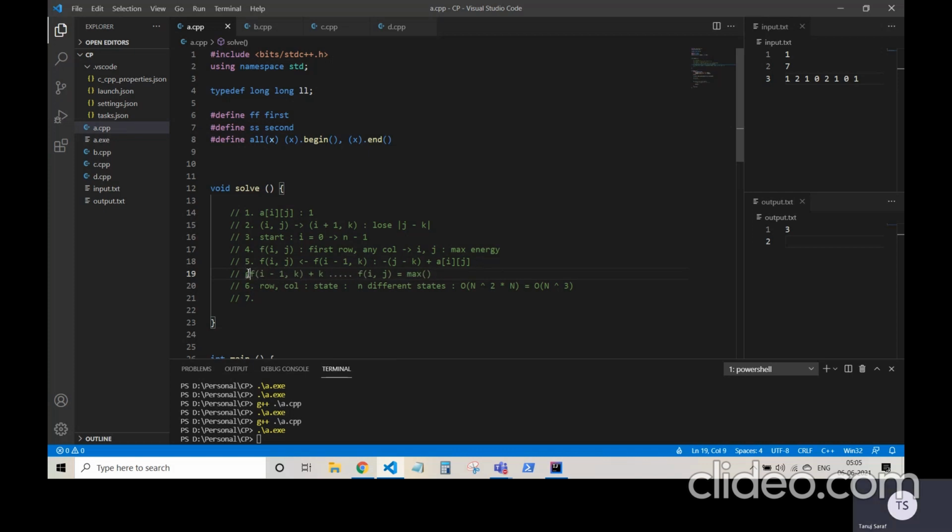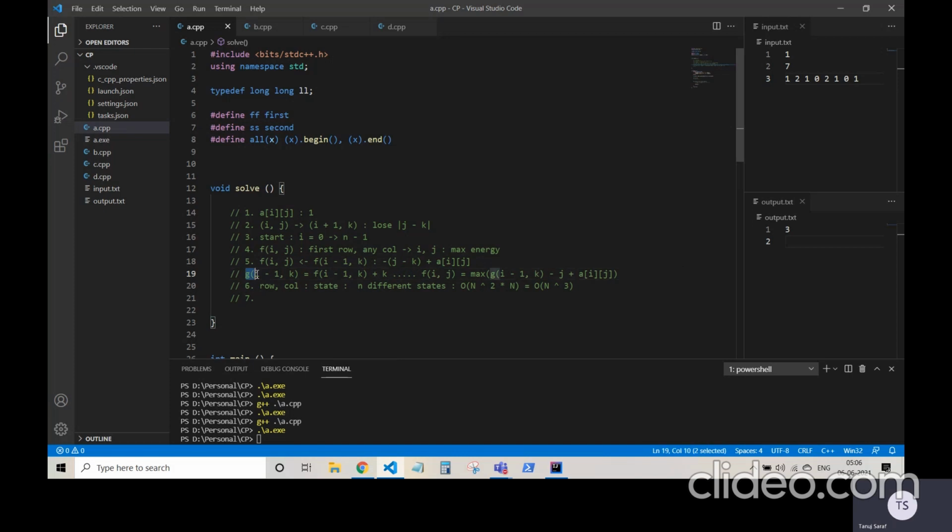Let's give it another function named g, so let's call it g(i-1, k). Then f(i, j) would come from the maximum value of this g over all k, right? From the maximum value of this, minus j plus a[i][j].